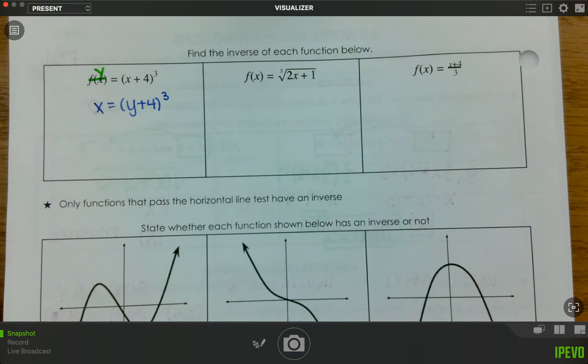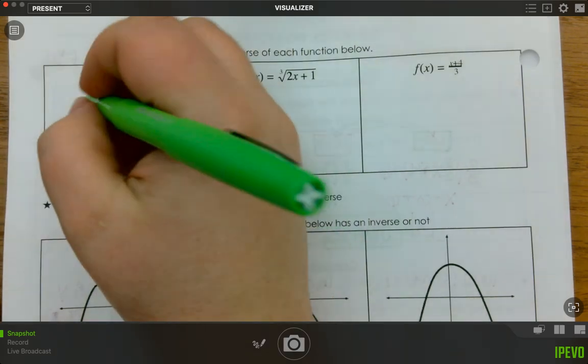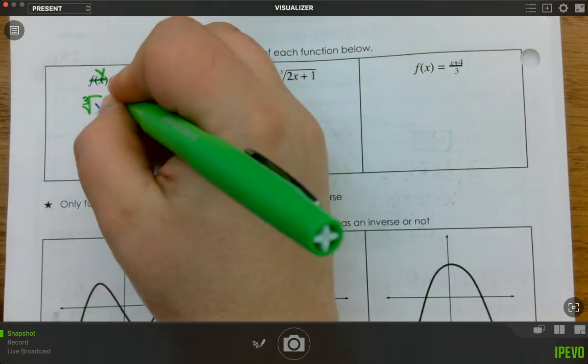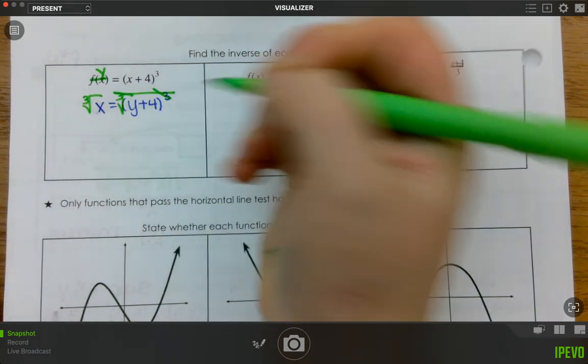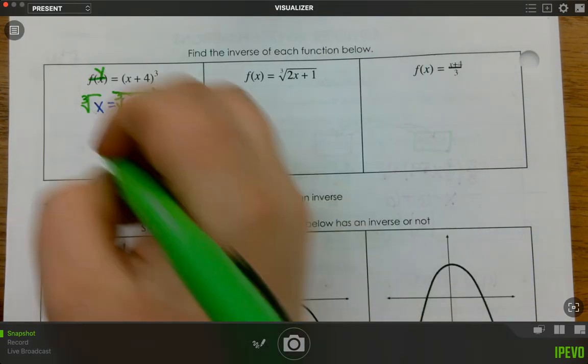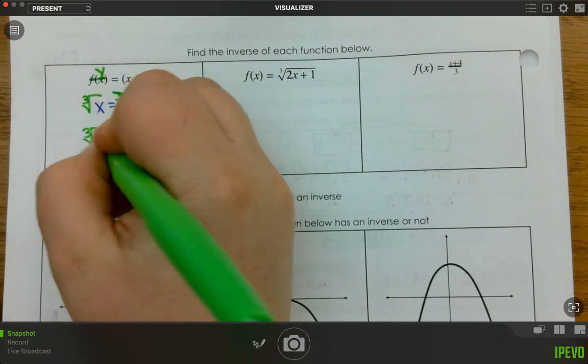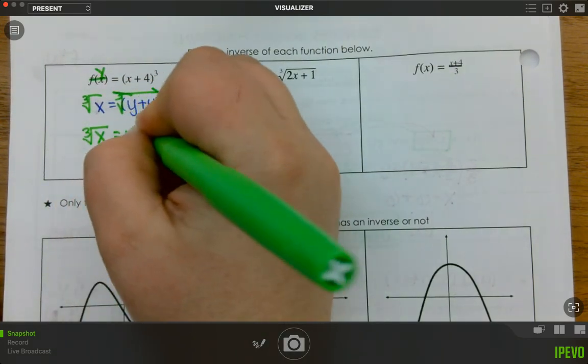Okay, and I need you to think about these as opposite operations. I need to get rid of that cubed. How do I do that? Cube root. So then the cube root and the 3 cancel. So I have the cube root of x equals y plus 4.